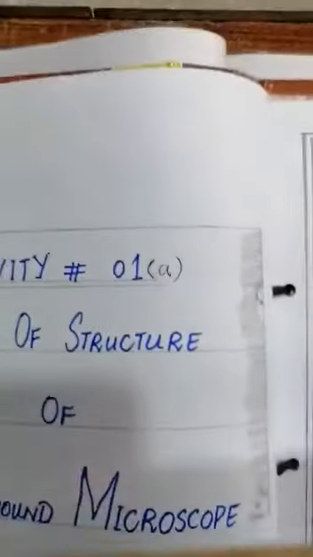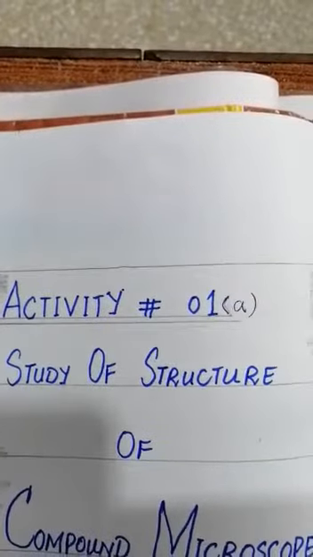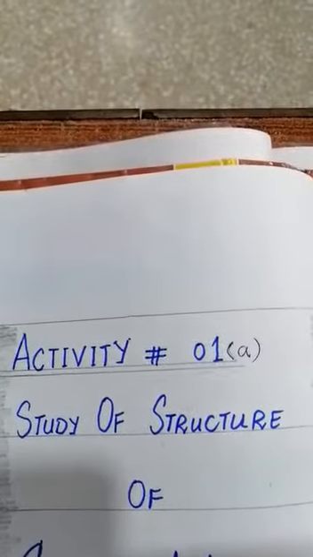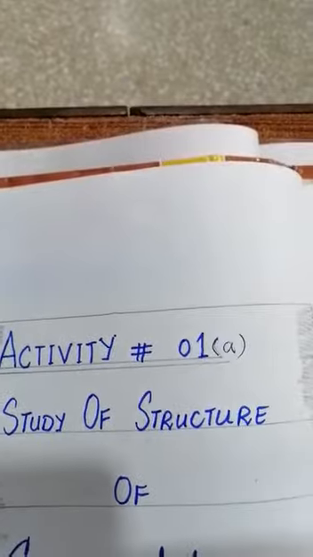It's not like your chemistry practicals. Just as you do in your chemistry and physics practical notebooks, you have to write the whole content given in your practical notebook. In biology, you are going to write only the name of the activity.